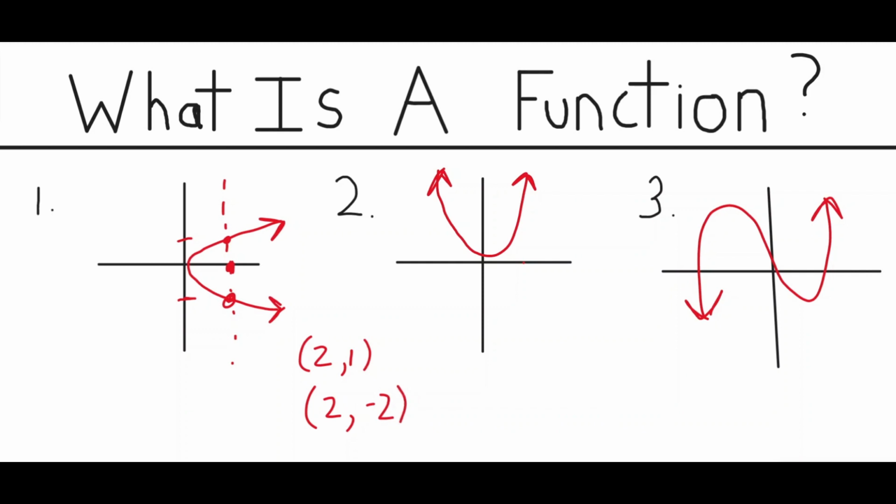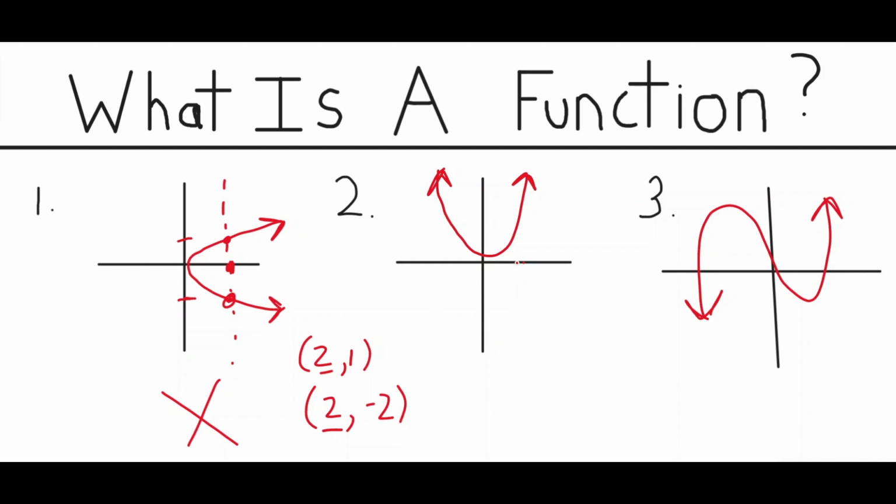We have one input, 2, one x value, but we're getting out 2 y values. As we can see, we have one input, 2 outputs. That causes us to fail the vertical line test because we cross the graph more than once. So this is not a function.